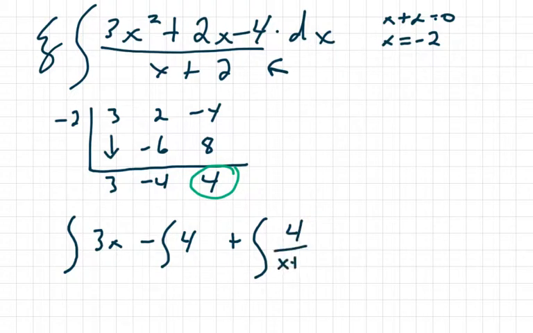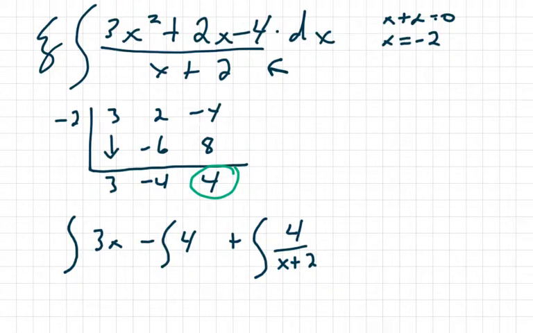Just like we would have done in pre-calc 40, this answer would have been 3x minus 4 plus the remainder of 4, still trying to divide by the x plus 2. But now, you've got 3 different integral questions, because just like limits, you can break up the sum of limits as 3 different limits. The integral is the same idea.